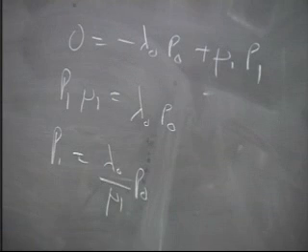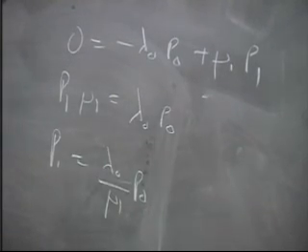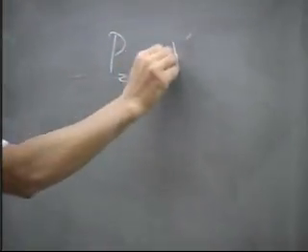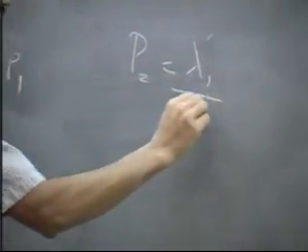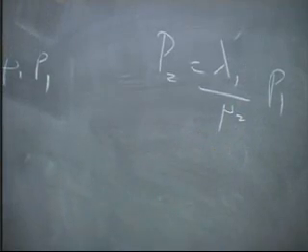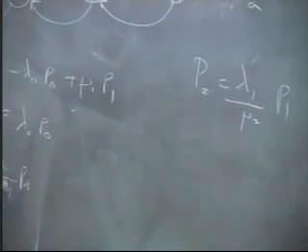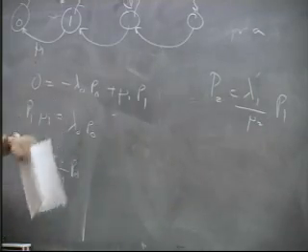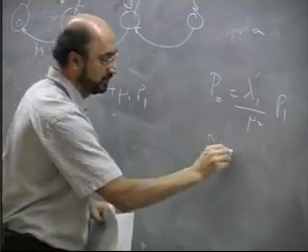Now, just from symmetry, because all states are symmetric, I can write down immediately that p2 equals lambda 1 by mu 2 p1, right? I just move 0 to 1, 1 to 2, and I get p2 like this. And then p3 equals whatever.